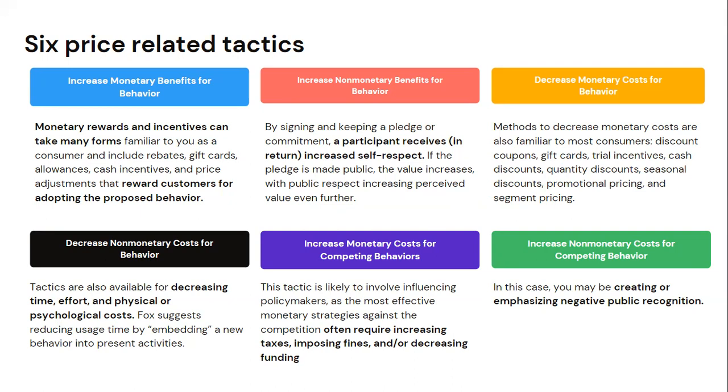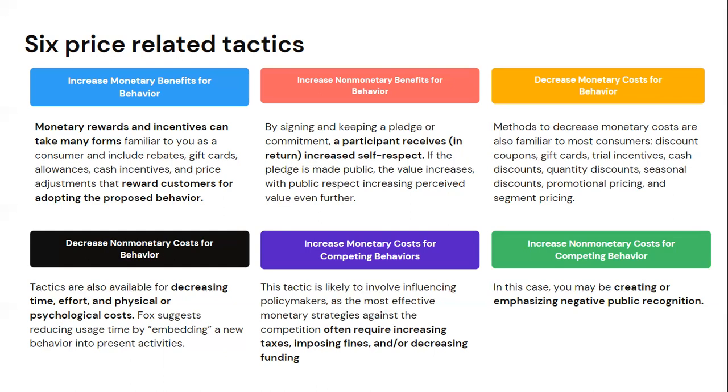So methods to decrease monetary costs are also familiar to most consumers. This could come as discount coupons, gift cards, trial incentives, cash discounts, quantity discounts, and any other discounts out there. We also have promotional pricing and segment pricing.